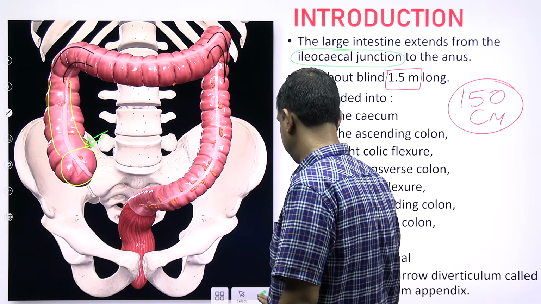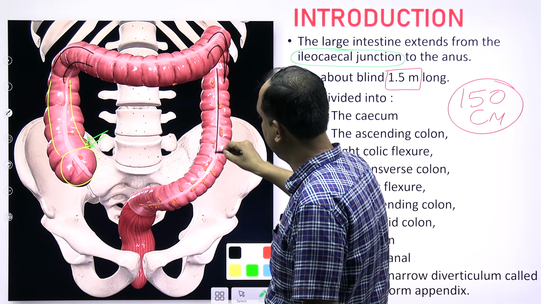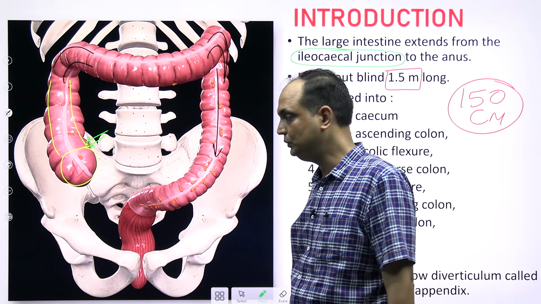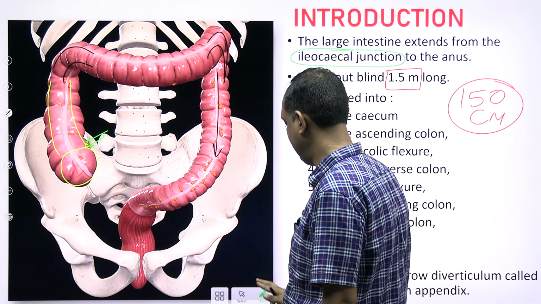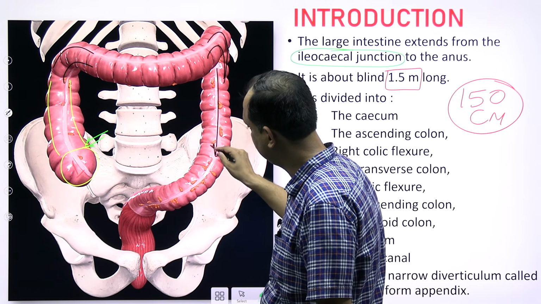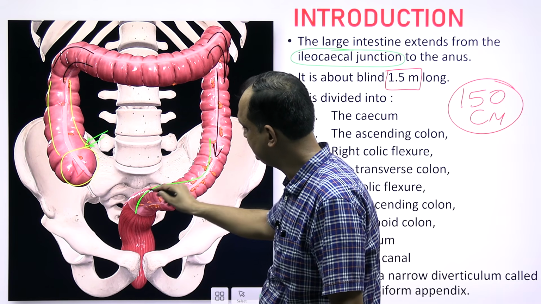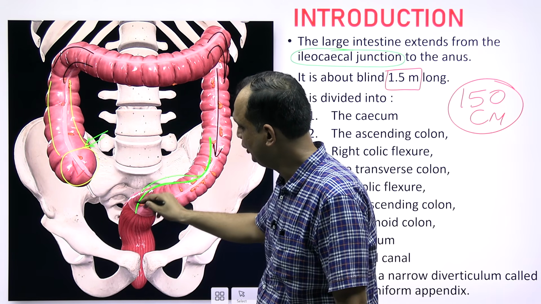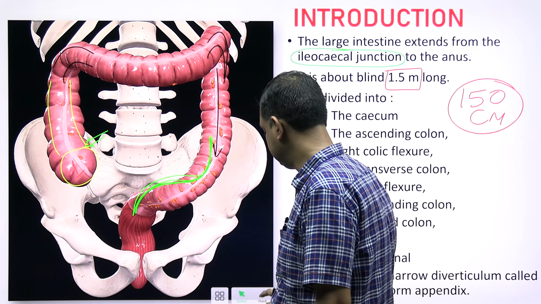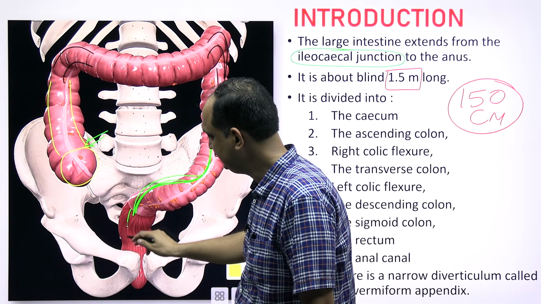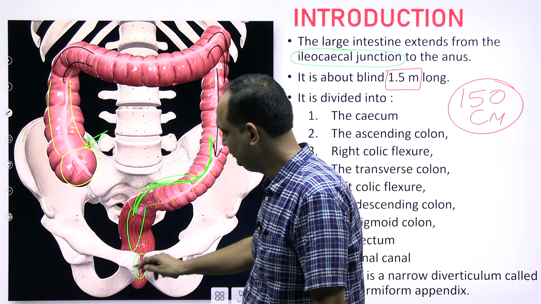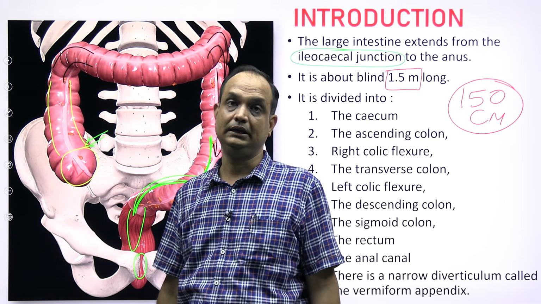Then you will have the descending colon. After the descending colon, you have an S-shaped structure, known as the sigmoid colon. The sigmoid colon continues downward as the rectum, and the rectum continues with the upper part of the anal canal.